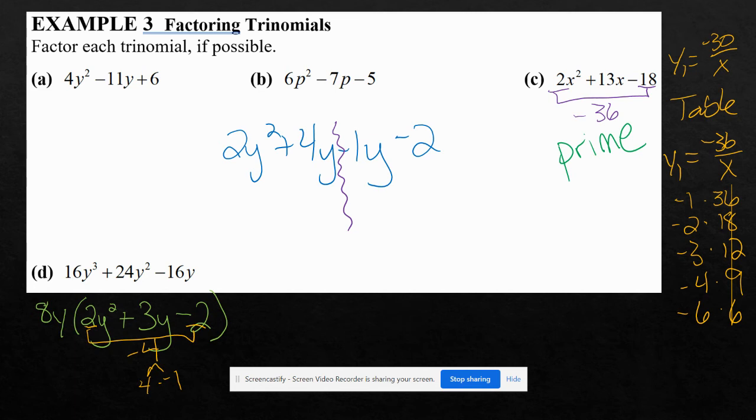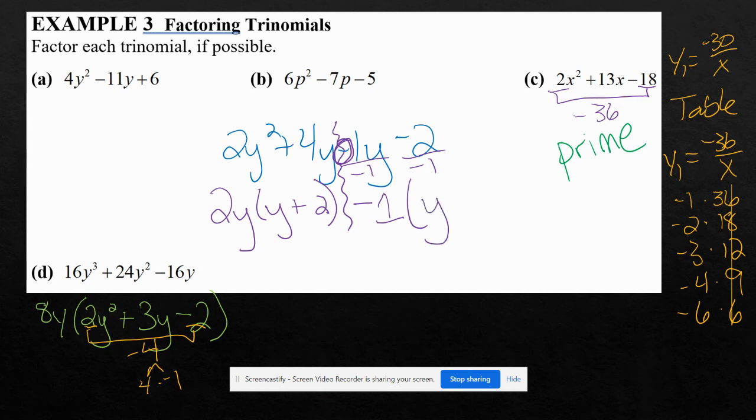GCF over on the left side is 2y, leaving us with y plus 2. The right side starts with a negative, and again, I can always pull out a 1. So when we're dividing by a negative 1, the signs here will change. Negative 1y divided by negative 1 is positive y. Negative 2 divided by negative 1 is a positive 2.